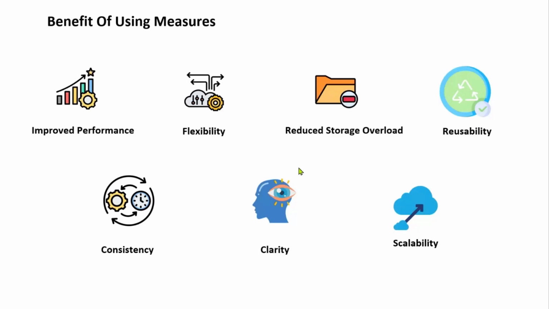And then scalability. Measures can be reused across multiple reports and dashboards, which is valuable in big organizations. So you have one data set, but you want to be able to tell different stories. You can reuse this measure again and again, telling different stories and bringing in new insights.